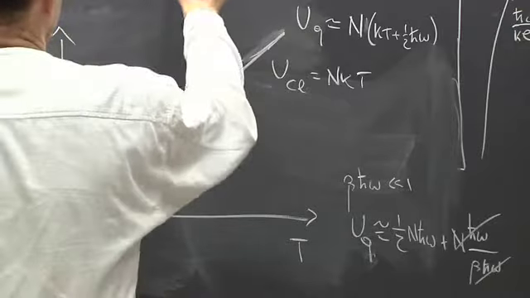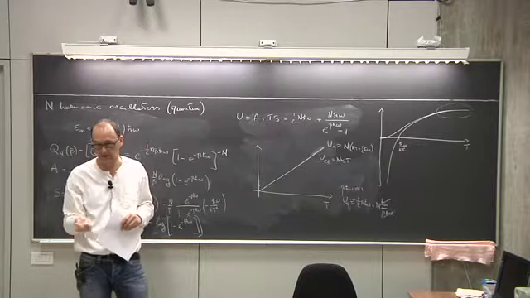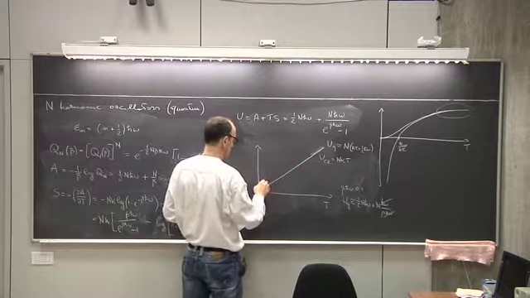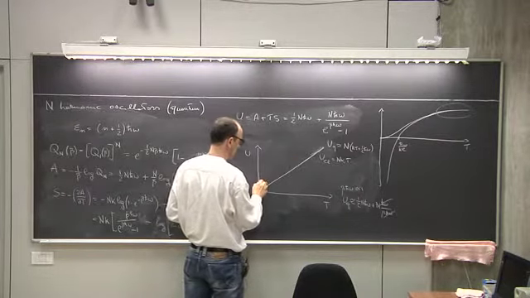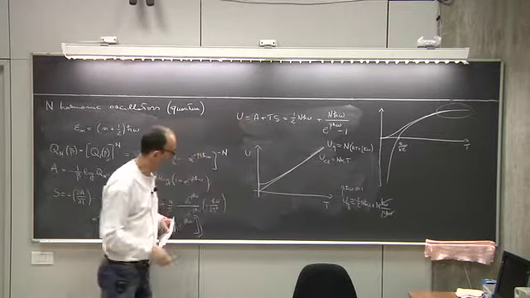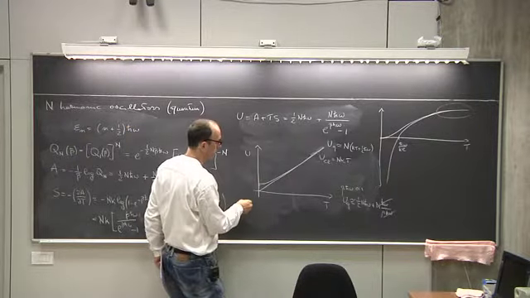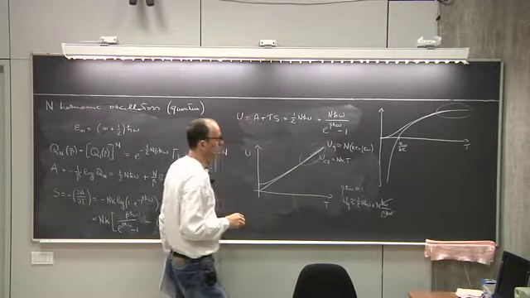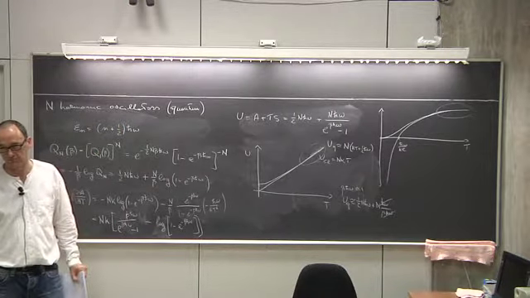But the energy will go to the zero-point energy of the quantum system, which is 1/2 N h bar omega. So the quantum energy will do something like this. Which means that you see here that the region where the equipartition theorem holds is at high temperature.